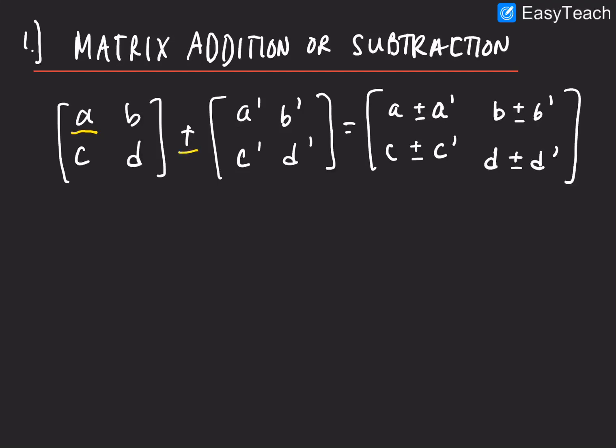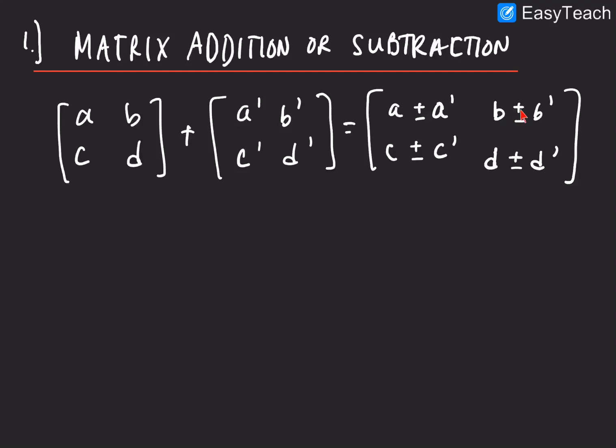I should add that. The a components. Let's say you'll be adding the b components with the b components, and the c with the c prime, d with the d. So the new matrix will be a plus or minus a prime, since we're only adding those a components basically, right?